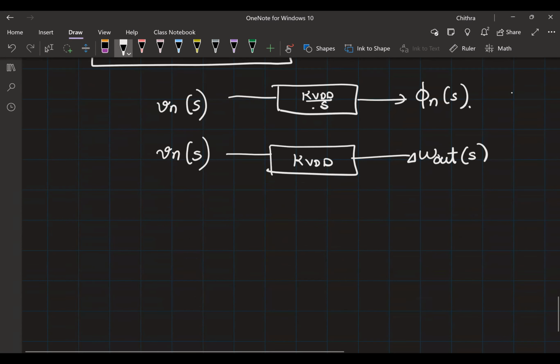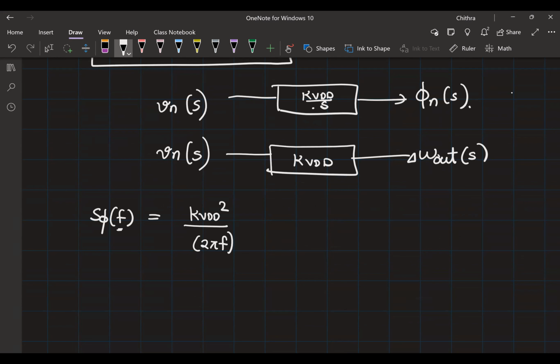So now can you give me the expression for S phi of f? KVDD square, in terms of f now, so 2 pi f the whole square, into SV of f. Let me bring all the common factors, everything other than f, to one side: KVDD square by 2 pi square, into SV of f divided by f square.